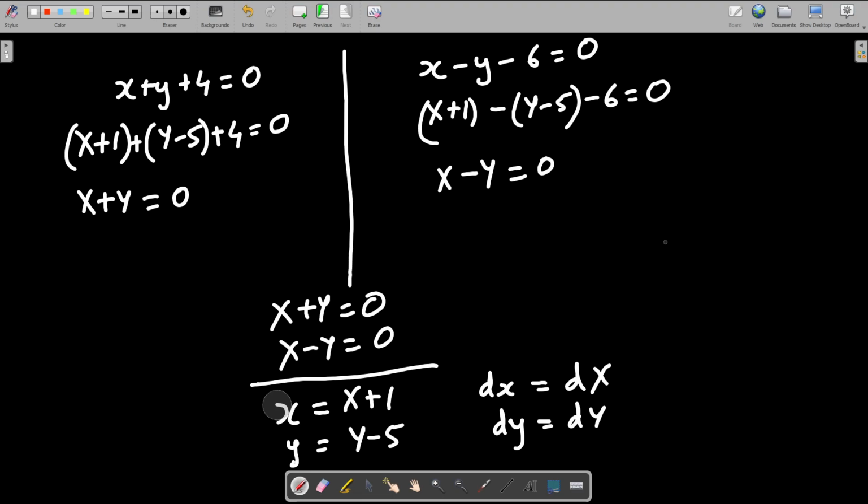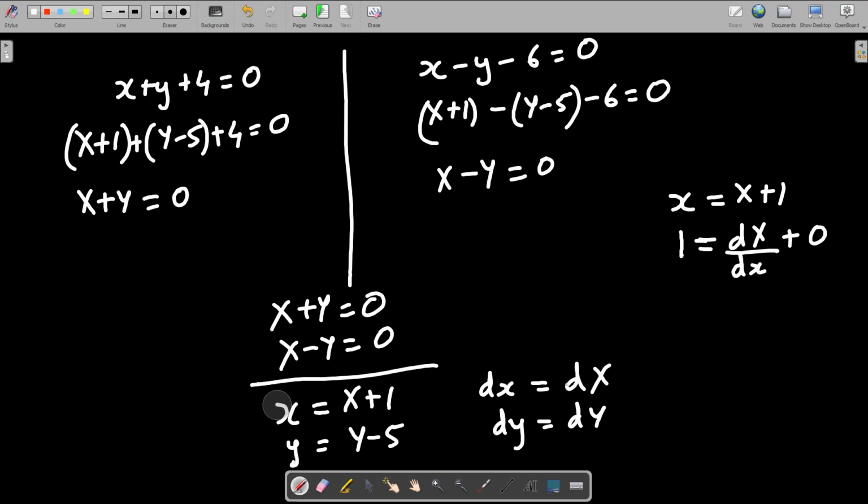What will we get then? This will become 1. Take the derivative of capital X with respect to small x. So what will it become? This will become 1, no? Derivative of small x with respect to small x is 1. Derivative of capital X with respect to small x will become this. And this will become 0. So if you rearrange it, it becomes this.